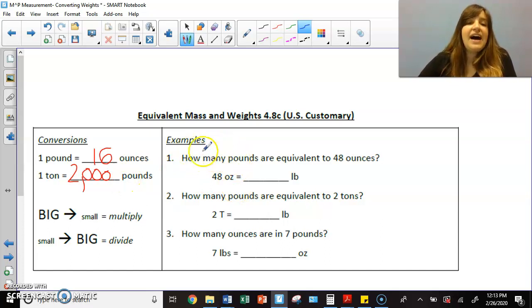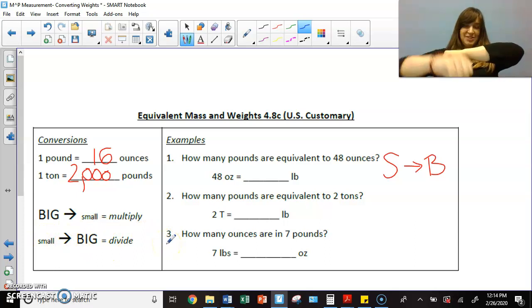If I am asked the question, how many pounds are equivalent to 48 ounces? I know that I have 48 ounces. I don't know how many pounds. Ounces are smaller than pounds, so I'm going from small to big. When I'm going from small to big, I divide, so I'm doing my division symbol.